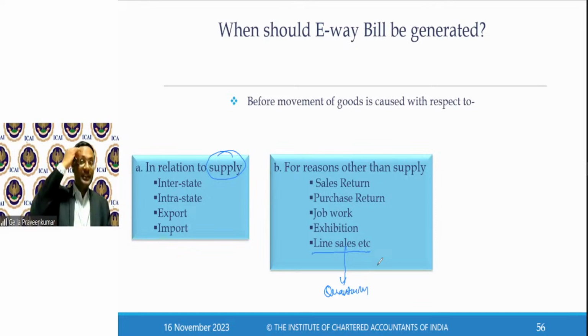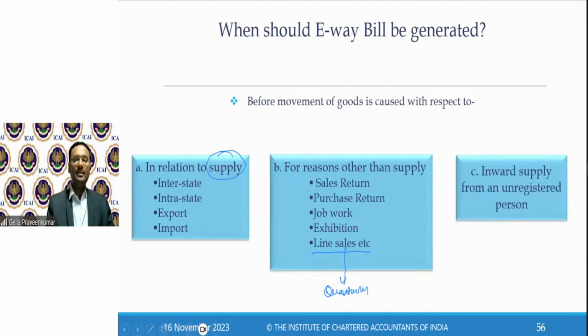So when I talk about pulses, oil, etc., as a line sale, I prepare a delivery challan. When I load this truck, I'll say there are 100 bags of groundnut, 50 bags of cashew nut, 1,000 liters of oil. So I prepare a delivery challan. For every shop, when I give the quantum, I give an invoice then and there as per the requirement. This is my movement other than supply.